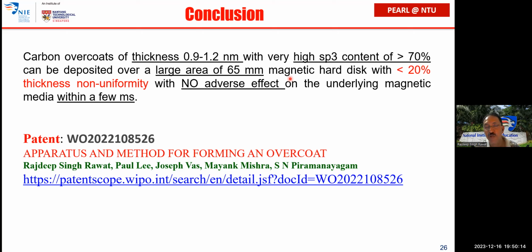That means 0.2 nanometer coating thickness variation. We were not able to prove it, but we felt that the disc platter itself had that kind of a profile, and our coating was just following that profile. And all this was done within a single shot of the plasma focus device, a sub-second deposition.